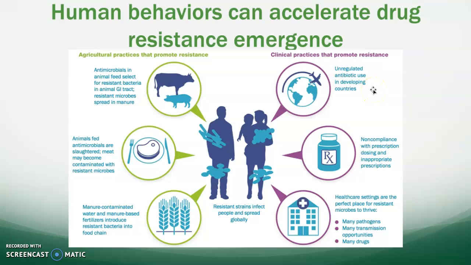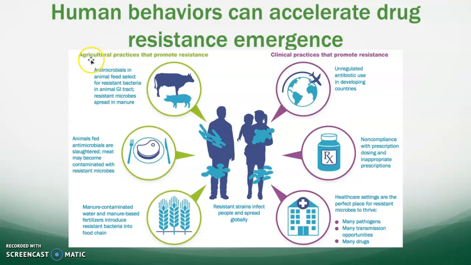You don't need a prescription, so we get a lot of overuse and abuse. We get non-compliance with the dosing of some antibiotics. And then lastly, we get healthcare settings where there are lots of pathogens, a lot of transmission opportunities, and lots of antibiotics being used. So we would see this in long-term healthcare facilities and hospitals.